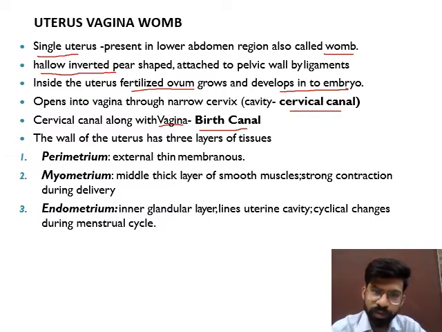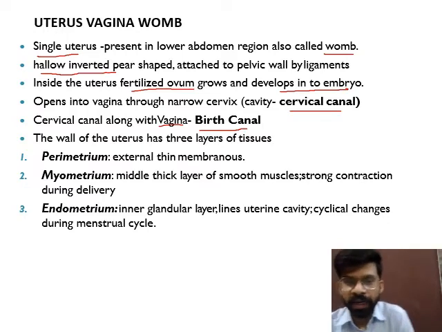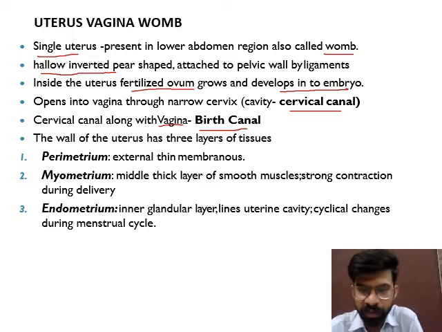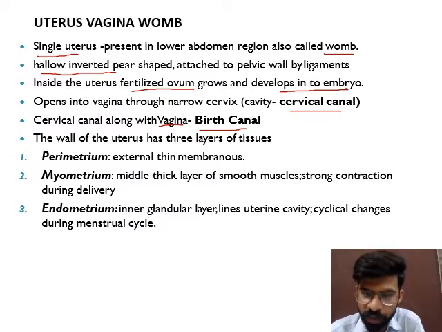The wall of the uterus contains three layers, already discussed: perimetrium, myometrium and endometrium. Perimetrium is the outermost layer, and the middle layer is myometrium, which contains smooth muscles. During delivery, during childbirth, the myometrium muscles contract.